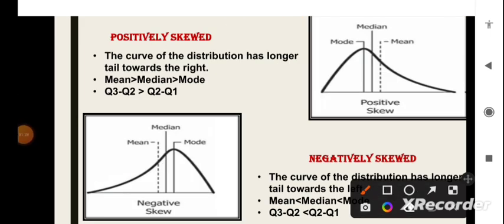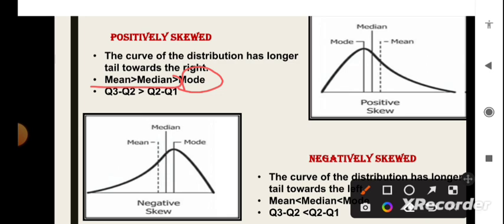Because of lack of symmetry, skewness occurs, and if any curve is skewed, the mean, mode and median will not coincide, but the mode will be displaced from the mean and median. So in a positively skewed curve, the mean is greater than the mode, whereas in a negatively skewed curve, the mode is greater than the mean.